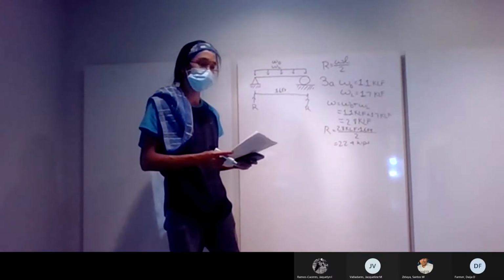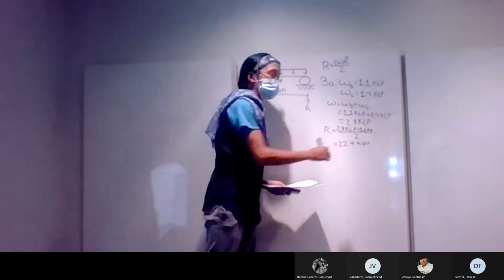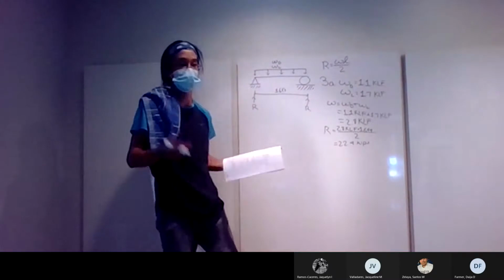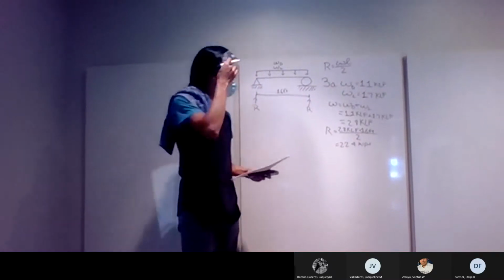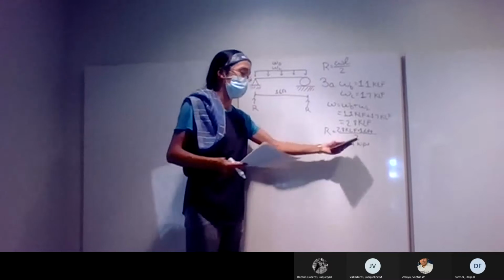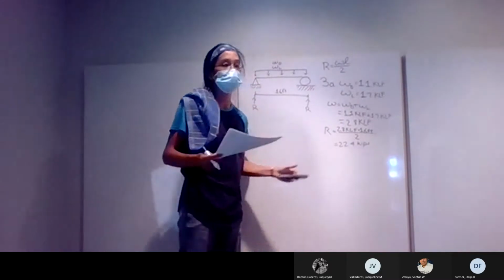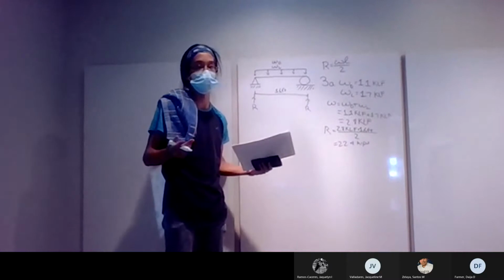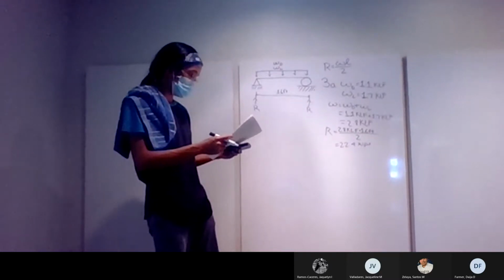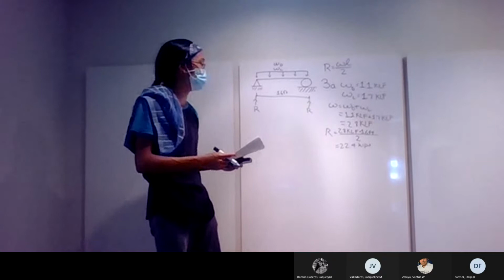Wait, that's even after you divided that by 2? Yeah, so the 2, it doesn't have a unit, so it just changes the number. Okay. So it's just a factor or a ratio. I think that's how Dean put it. It doesn't affect the units at all. All right. Questions?